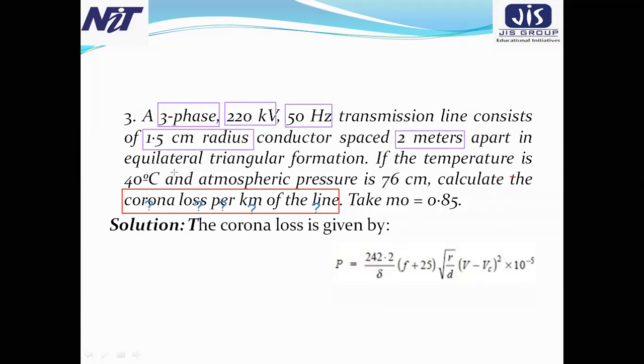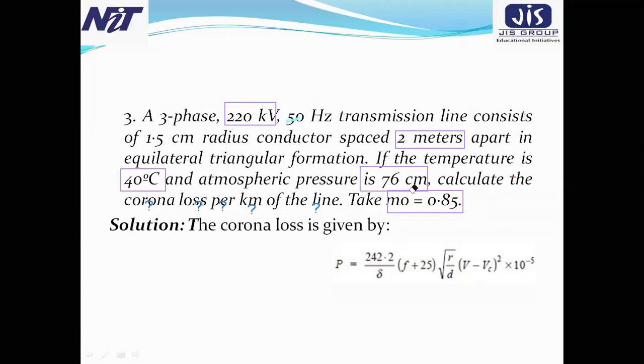Part of an equilateral triangular formation. The temperature is given as 40 degrees centigrade and the atmospheric pressure is 76 centimeter. Calculate the corona loss per kilometer. Take m0 equal to 0.85. So all these values are given for this particular problem.